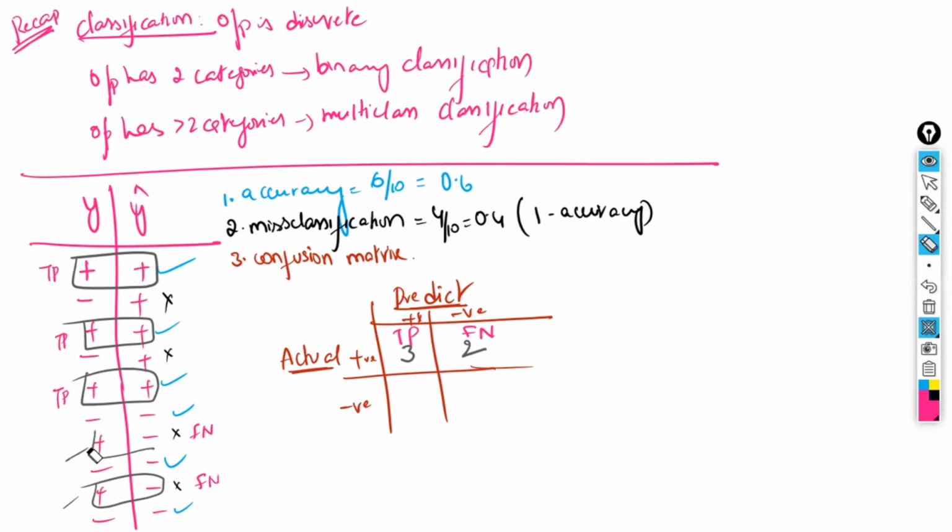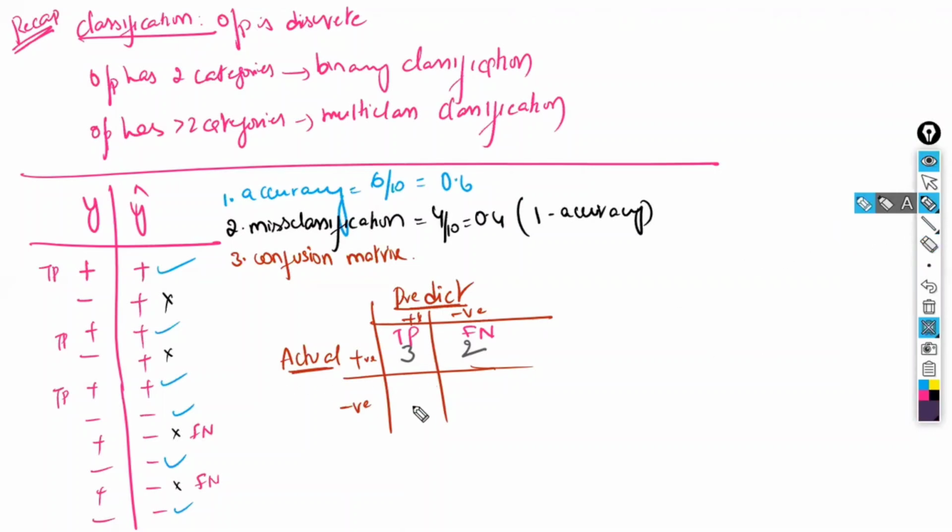Right? Next, coming to the negatives. This thing is predicted as positive, which is the opposite, so it is a false positive. Actual should be negative and predicted should be positive. That is record number 1, record number 2. Only 2 records I am having.